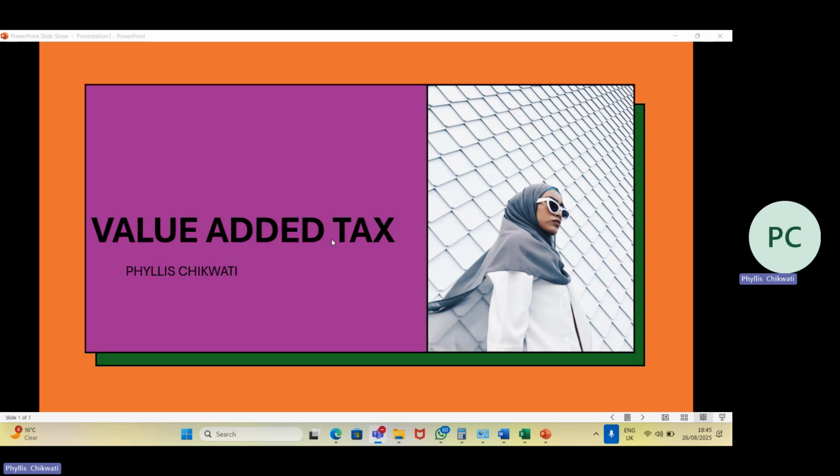What is VAT? It's another type of tax that is collected by the government. Apart from pay as you earn, they also collect what we call VAT, value added tax. Currently in this tutorial, I'm going to use 15% as our VAT percentage.